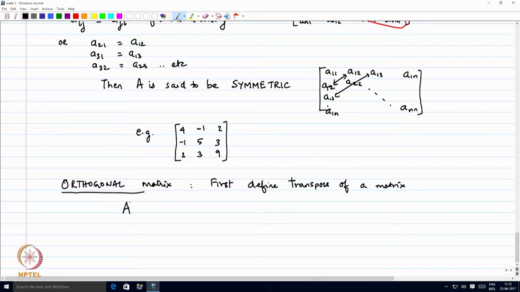So, A transpose is also a matrix. It is denoted this way, and what you do is you basically swap the rows and columns.